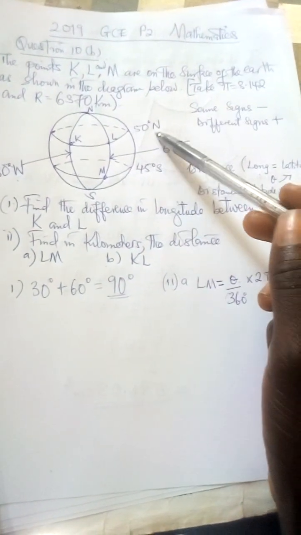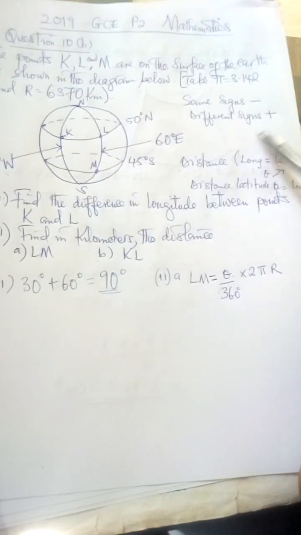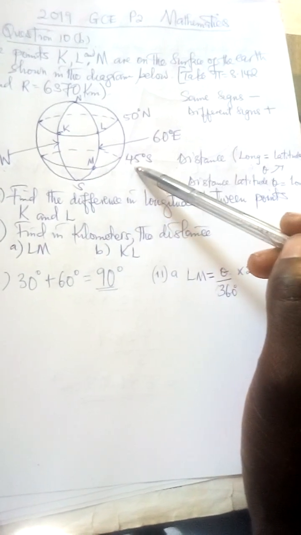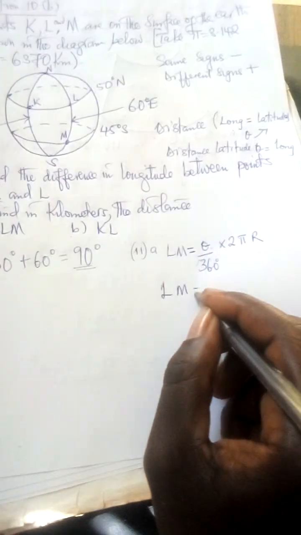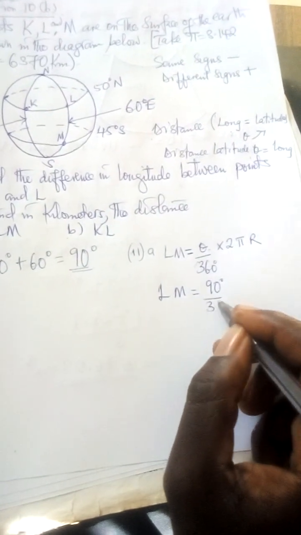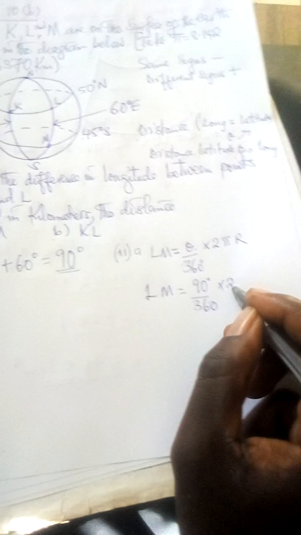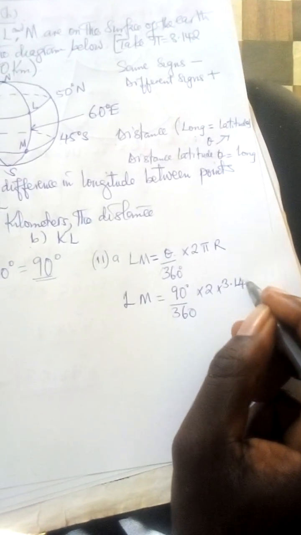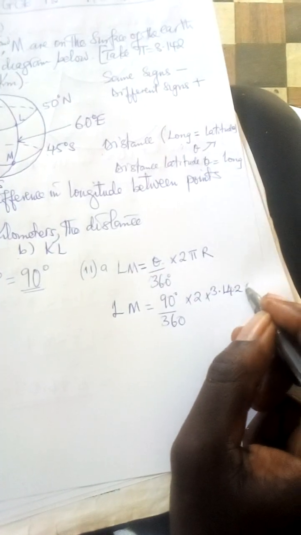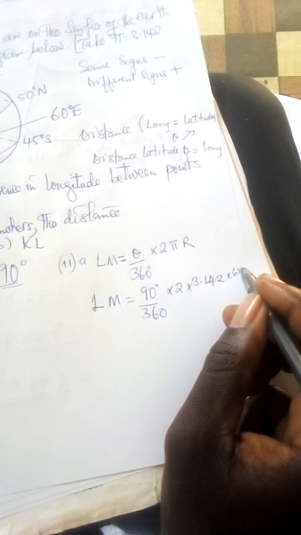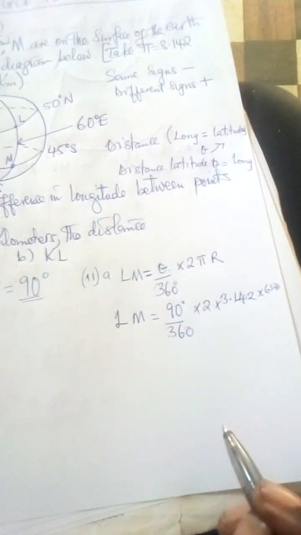So when you check, they are in different locations. We are saying different signs, so you add. In this case, you need to add 50 plus 45, which you get to be 90. So you say LM equals 90 divided by 360 times 2 times pi. The pi you are given to be 3.142, and the radius of the earth you are given to be 6370.